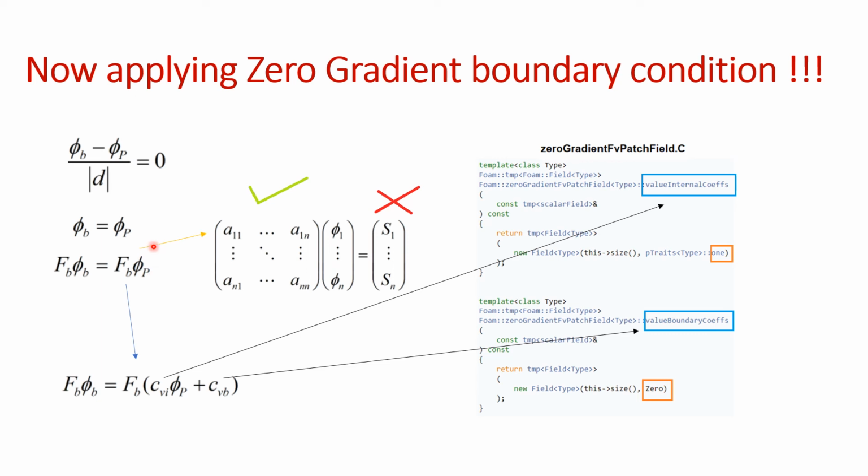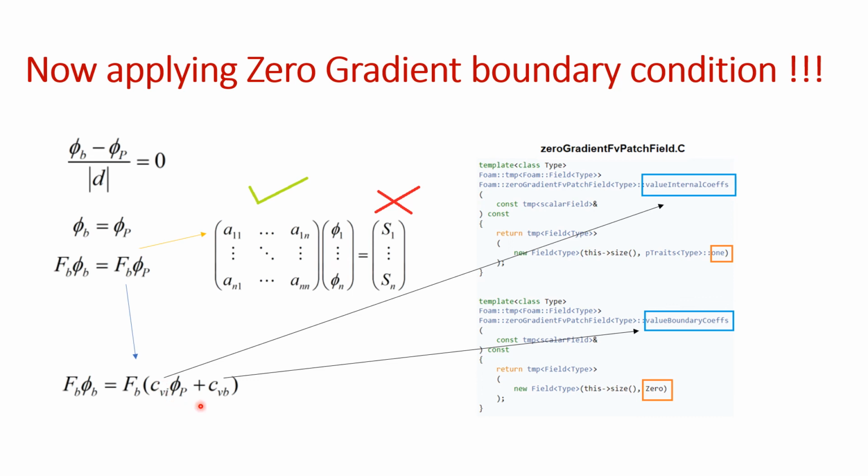So in which matrix will it be? In this matrix there is no source term. Something which is unknown we have, that is phi p, so Fb will come in this coefficient matrix here, and phi p would be somewhere here. So this time there would be some contribution in the diagonal elements from this part, but for the source term there is still no contribution from the zero gradient boundary condition discretization.